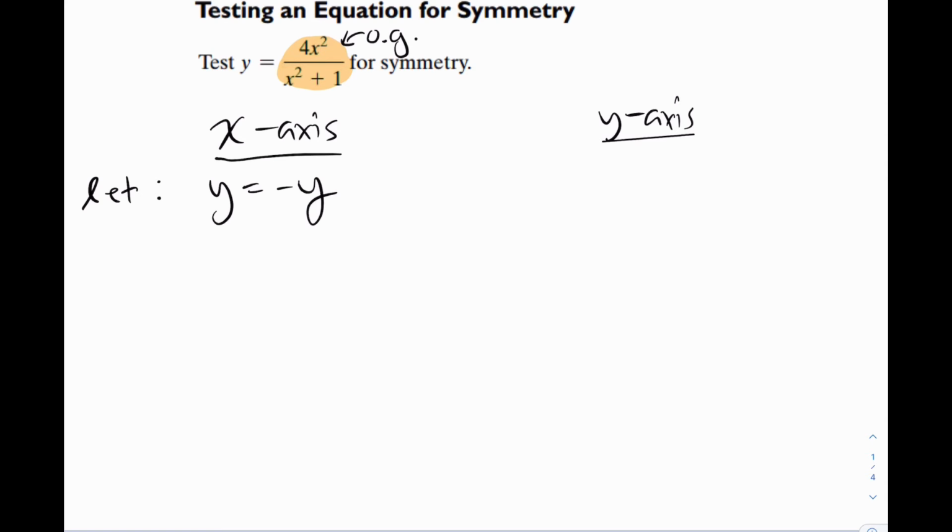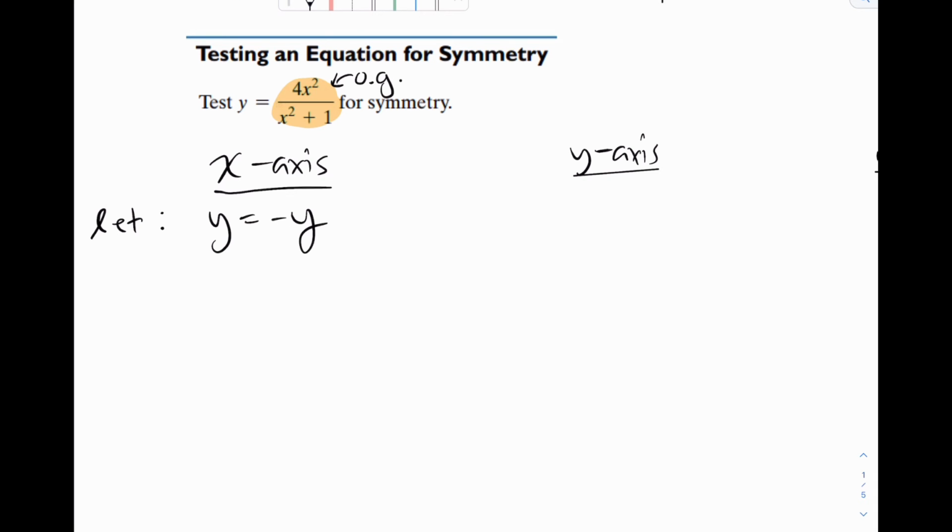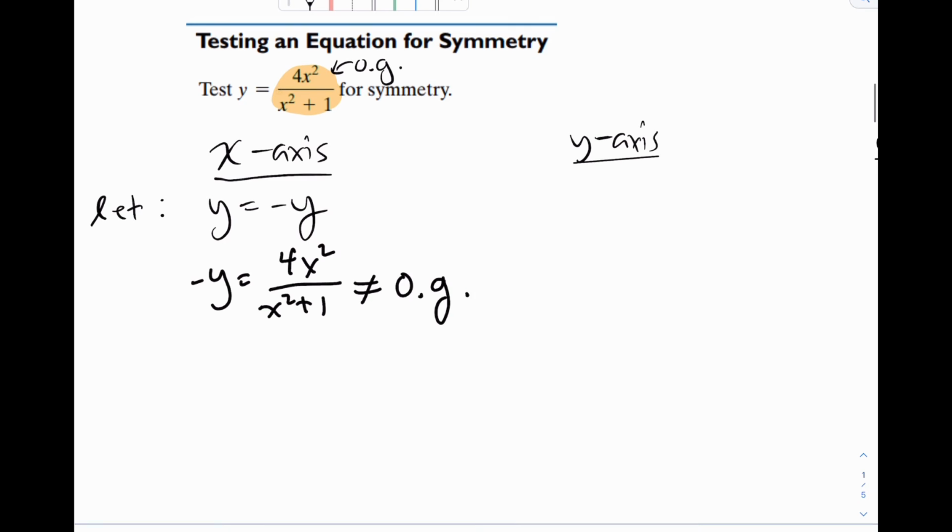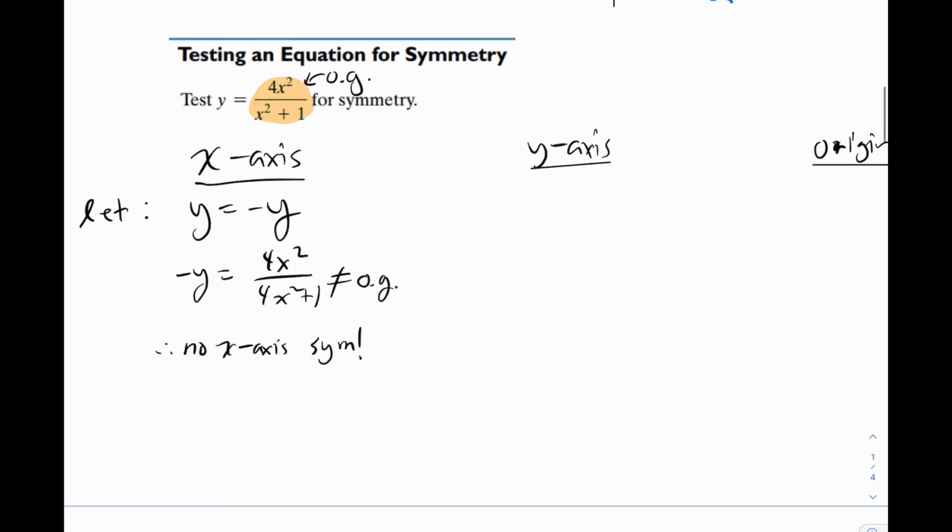So let's plug it in. So now let's plug in negative y. Negative y is equal to 4x squared over x squared plus 1. Notice how this is not equal to the OG function. So that tells you there is no x-axis symmetry.